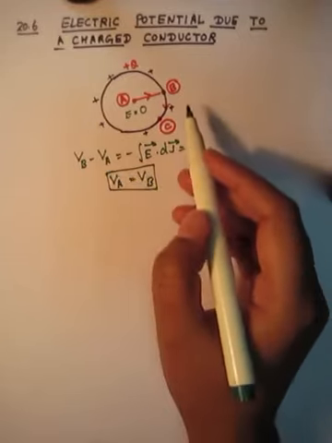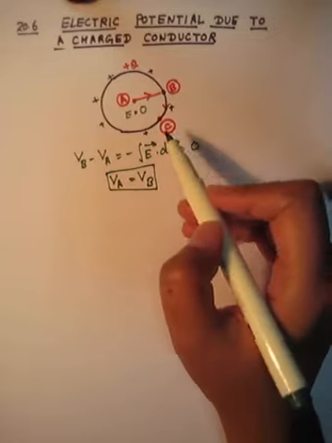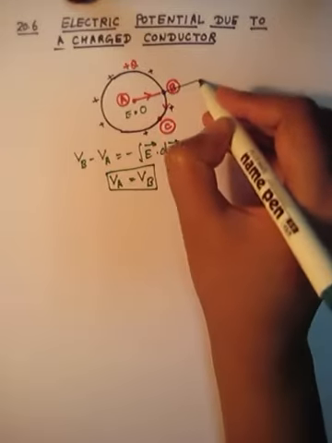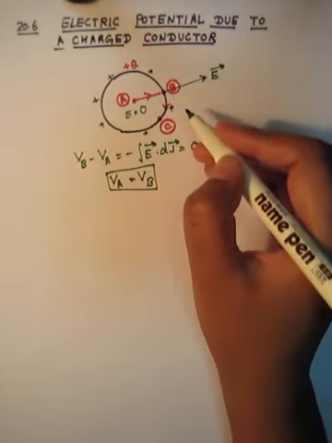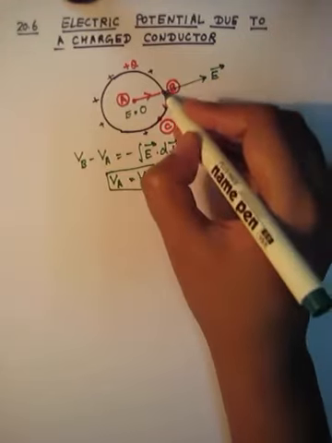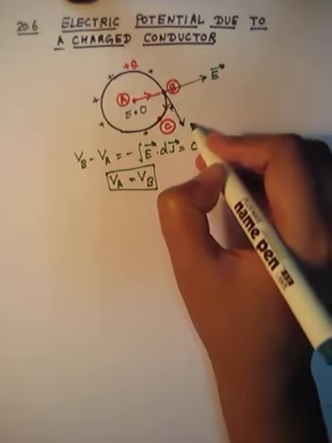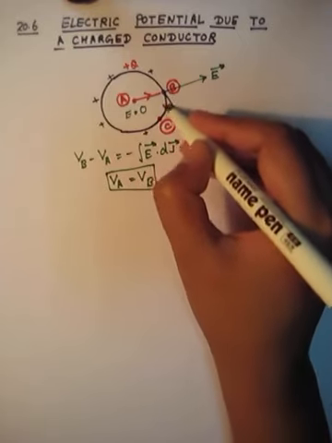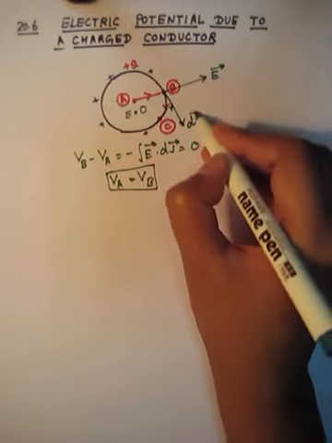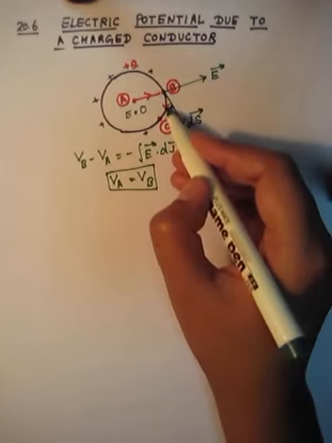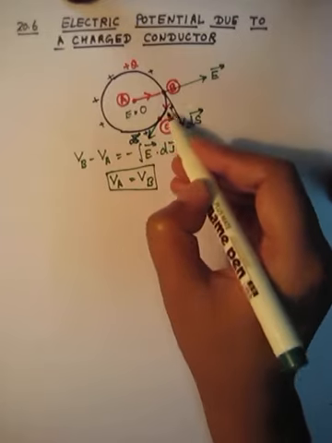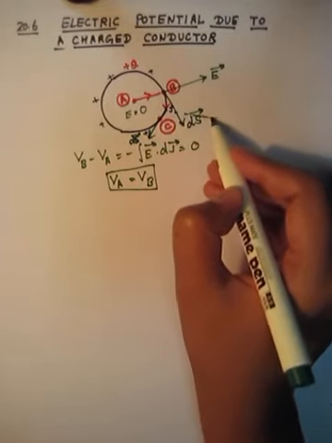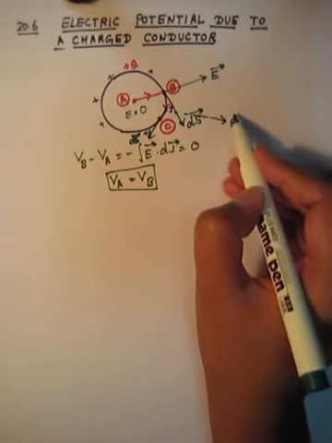In a similar manner, when we are moving from B to C, at B the electric field will be along this direction, and ds vector, because you're moving from here to here, at each point ds vector will be tangent. At this point it will be like this, and the electric field will be like this.